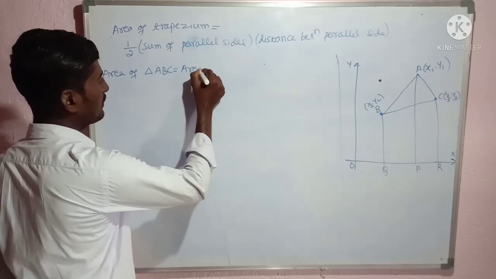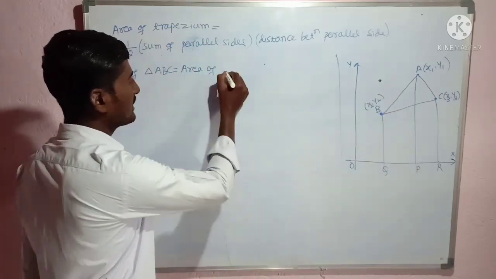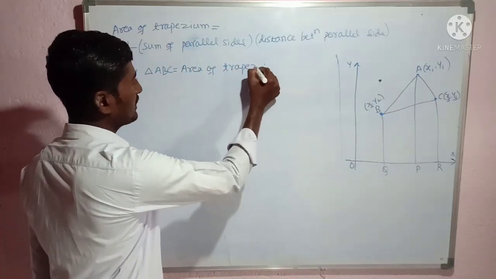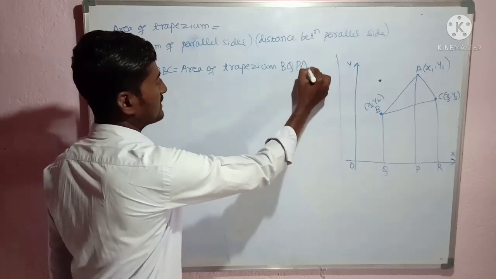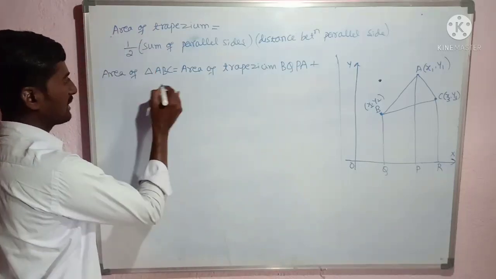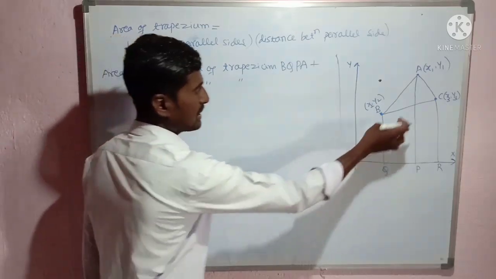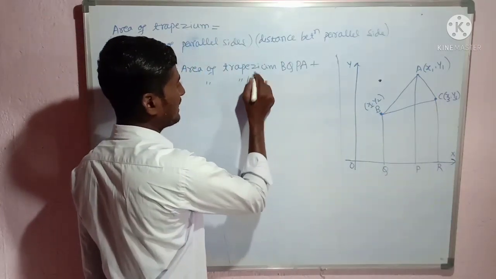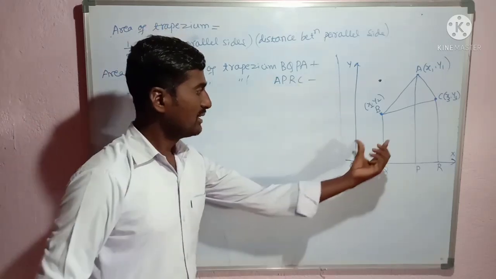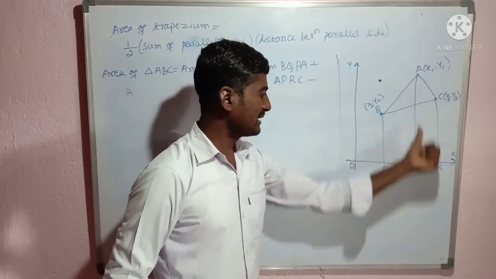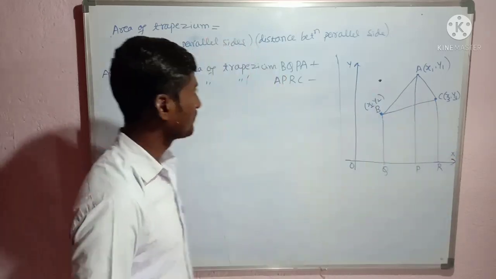Area of trapezium BQPA plus area of trapezium APRC minus area of trapezium BQRC.